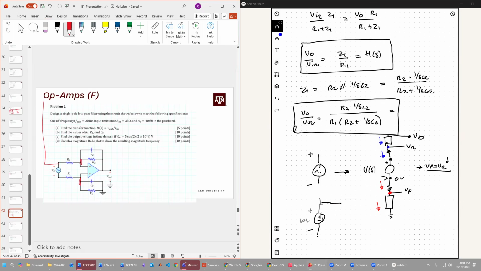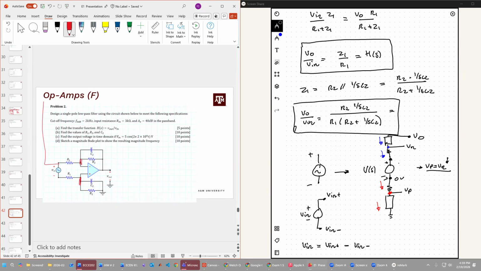So to simplify it for myself, what you can do when you have a source and one point of it is not connected to ground, say this is Vn, what I did is I defined a Vn plus term and then called this Vn minus, where Vn is equal to Vn plus subtracted by Vn minus.